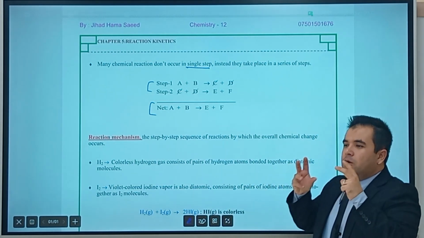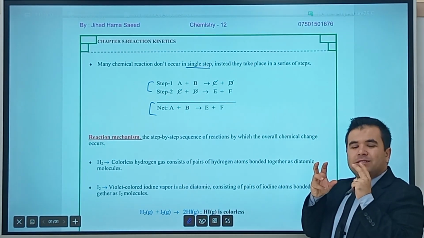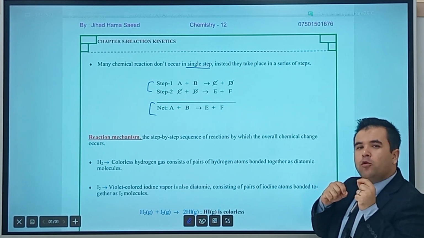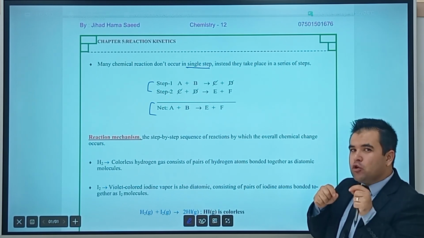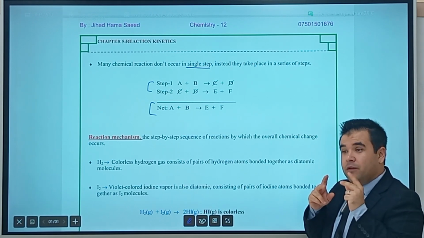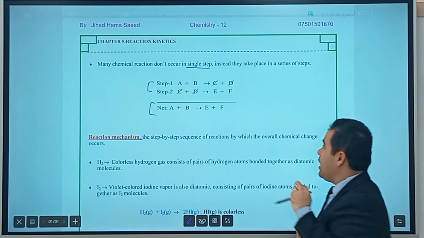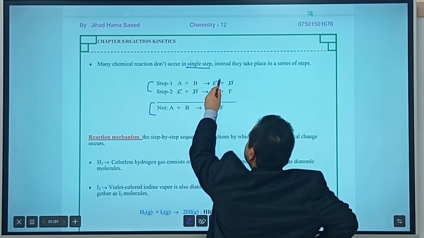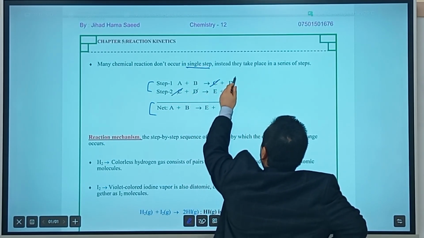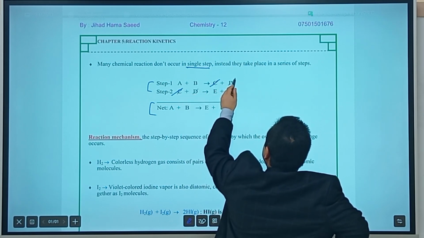We are able to add the steps in a mechanism if the same chemicals are on opposite sides of two steps; they should cancel each other. If they are on the same side, we add them together. For example, here the C cancels with the C because they are on opposite sides.